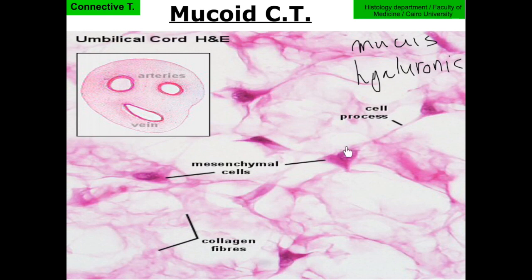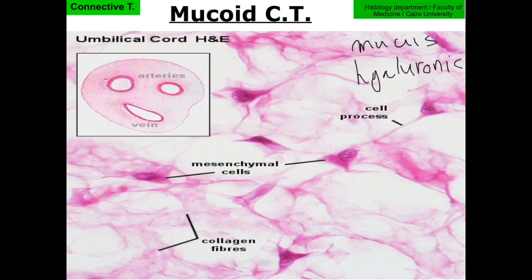Then, you have to remember what are the cells present in this connective tissue. We have undifferentiated mesenchymal cells or young fibroblasts. They have a stellate shape, as you see, and they have processes, and these processes are joined together. Then, what are the types of the fibers present? We have the collagen fibers and the reticular fibers.